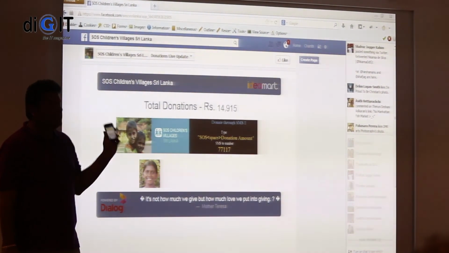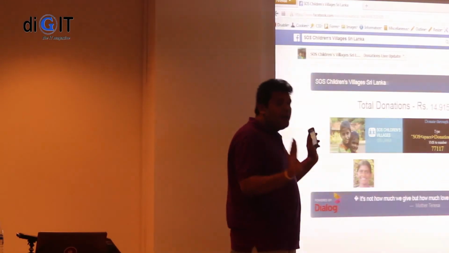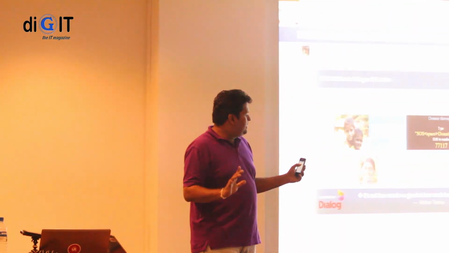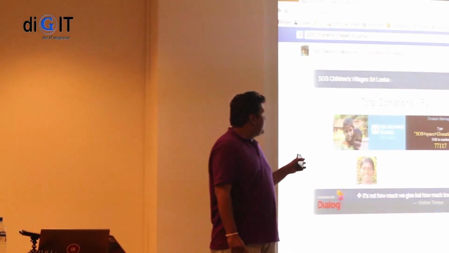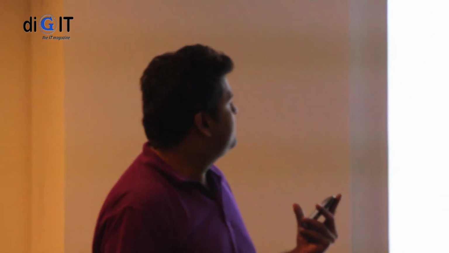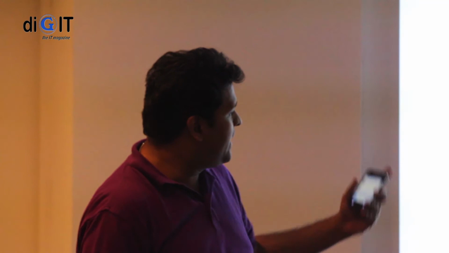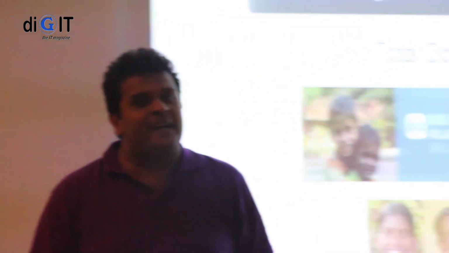So send a simple SMS with these letters SOS, space, the donation amount. I'm talking about 5 rupees here. So number called 77117, and ideally it should show. Let's see. There you go. Get the number ping, and the child smiles saying thank you.